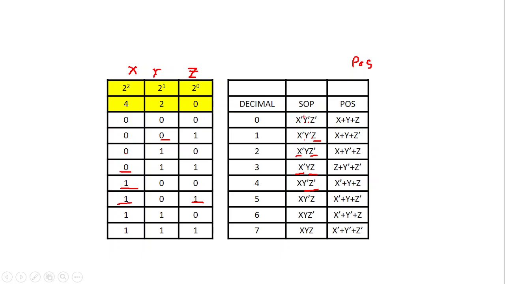Wherever X bar is there, instead of X bar you write X. In sum of product, whenever 0 is there, you represent it with X bar. But in product of sum, whenever 0 is there, you represent it as X. What about 1? Whenever 1 is there, you represent it as X bar. Opposite of sum of product.